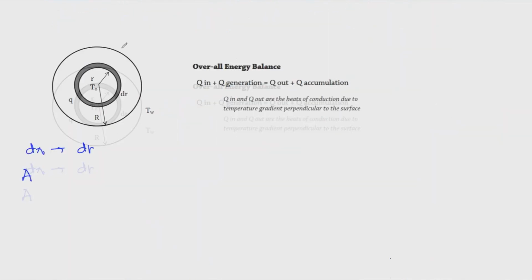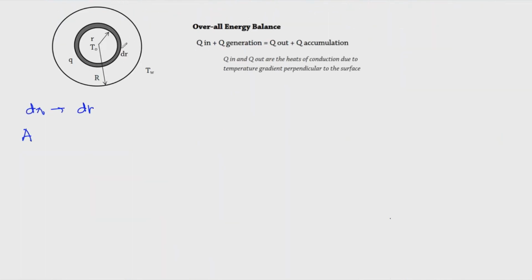But for solid or hollow cylinders, as the heat travels from the center, the area will be increasing, since it has to travel a radius that is increasing as it goes further away from the center. So in this case, the area would simply be equal to 2 pi r L, the longitudinal area, instead of simply writing A. Okay, and I think that's all we need to understand here.